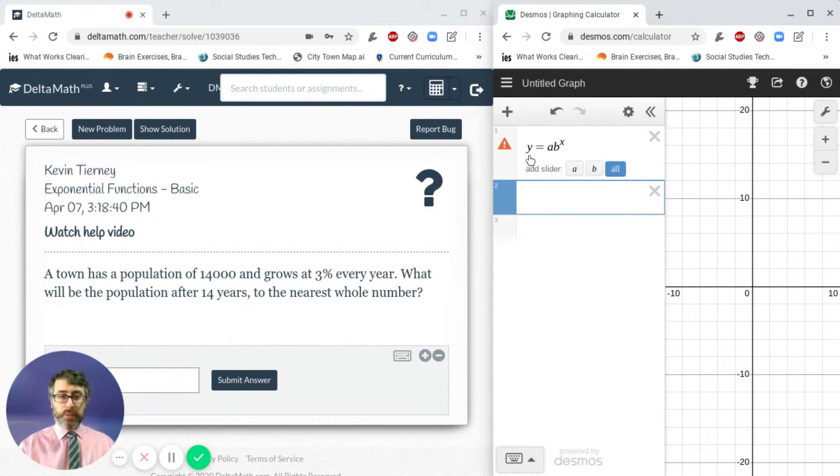If I've got my y, what I'm trying to find out, I don't need to type that into the calculator here, but I do need that A, the initial amount, 14000. The B, the growth factor, well, we said that was 100% plus 3%, or 1.03.